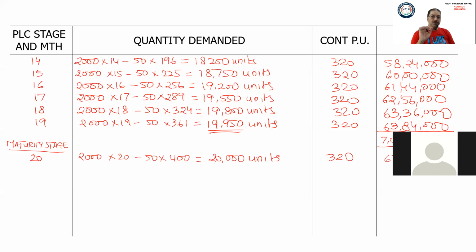See, 33 crores is the profit for the entire maturity period. For 1 month, the contribution is 64 lakhs. Listen to what I'm saying. For 1 month, the contribution is 64 lakhs. And for 1 month, the total fixed overheads is given to me in the question as 20 lakhs.